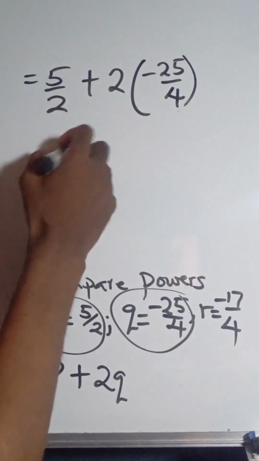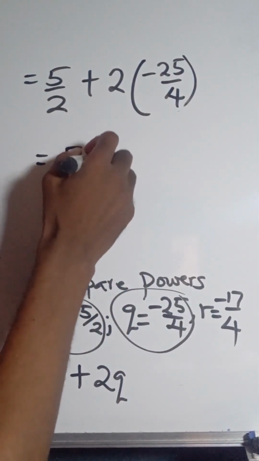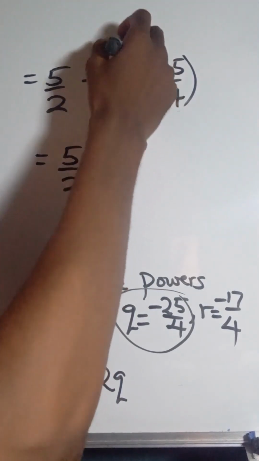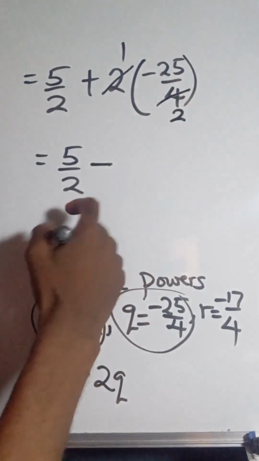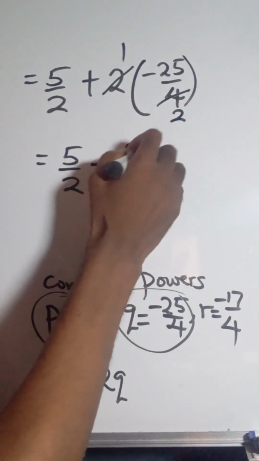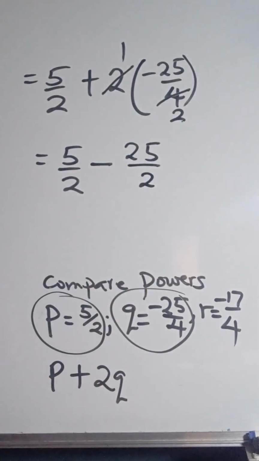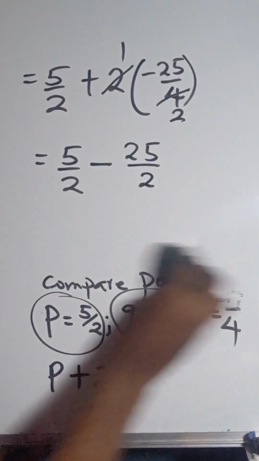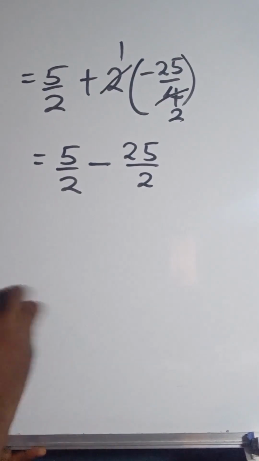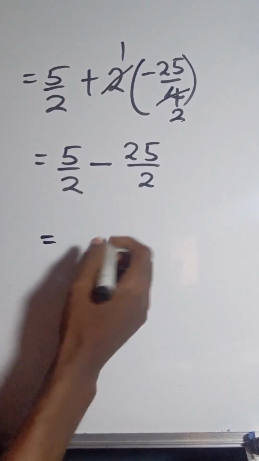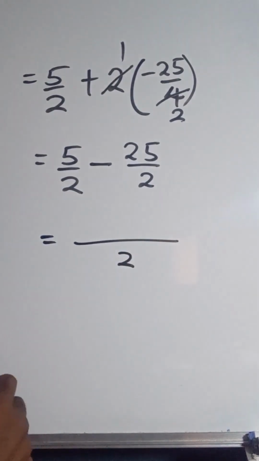Plus times minus is minus, and the 2 can cancel with the 4, so we have this as minus 25 over 2. Simplifying further, we have a common denominator, so we can pick one.